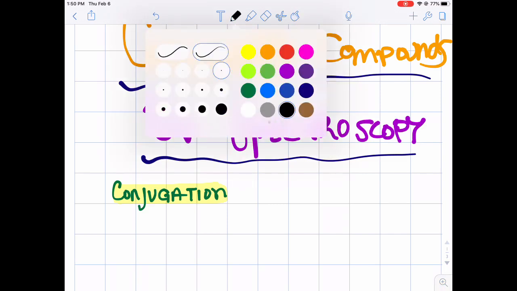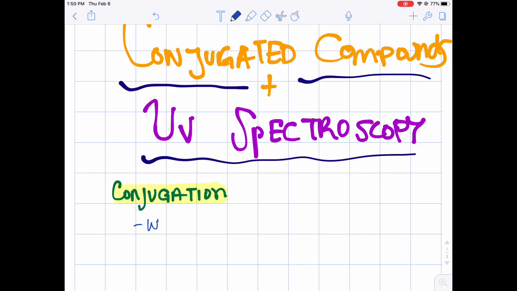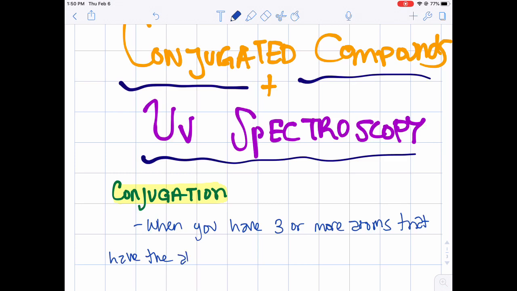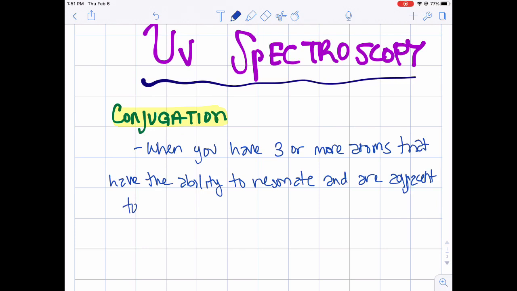The concept of conjugation basically follows that when you have three or more atoms that have the ability to resonate and are adjacent to each other, okay?